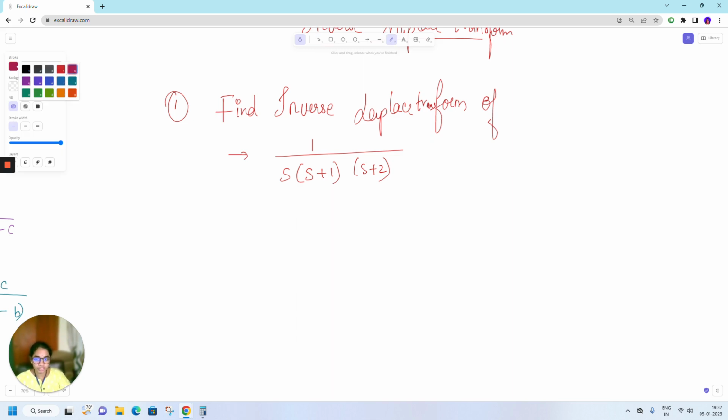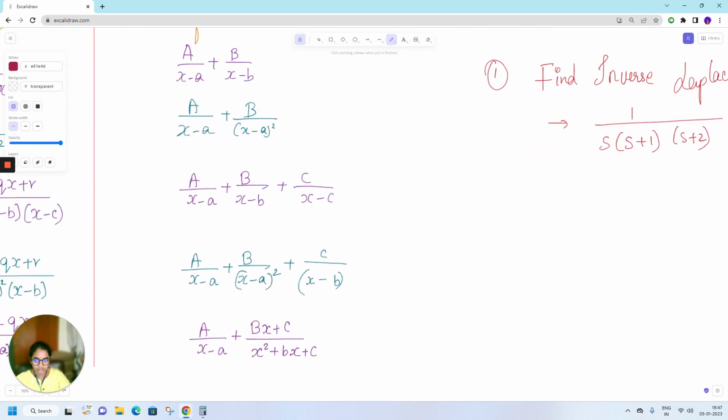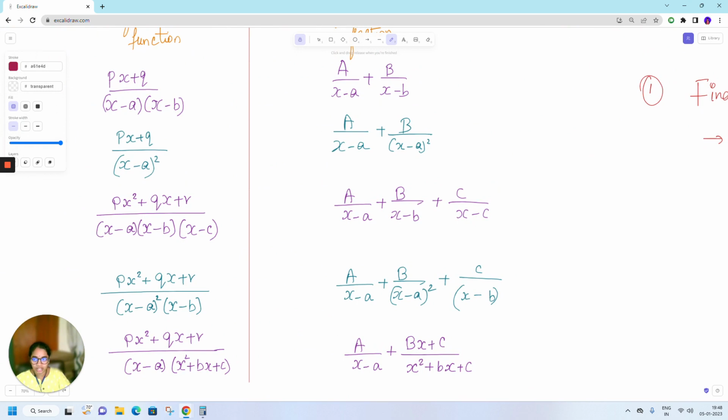What do we do in partial fractions? If we have fraction and product, see, in the LHS, every term we have it in product. But in the RHS, after applying partial fractions, that gets split. We get a divided by x minus a, b divided by x minus a.